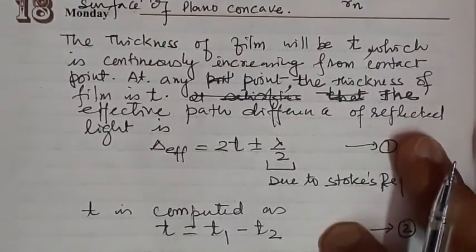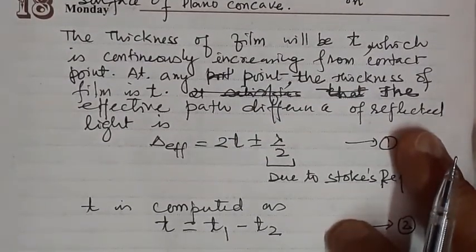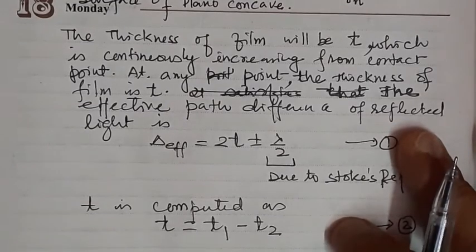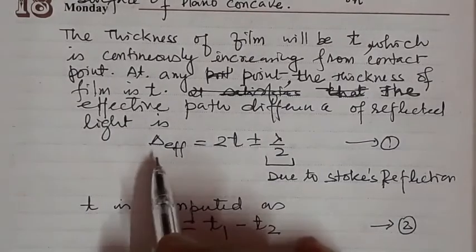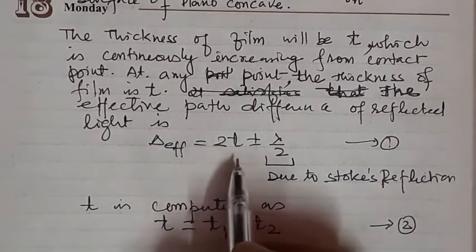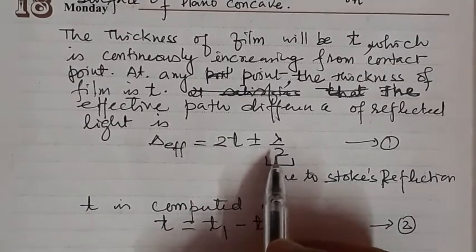Remember, the thickness of the film T continuously increases from the contact point. At any point, the thickness of the film is T, and the effective path difference of the reflected light is delta effective equals 2T plus or minus lambda by 2.